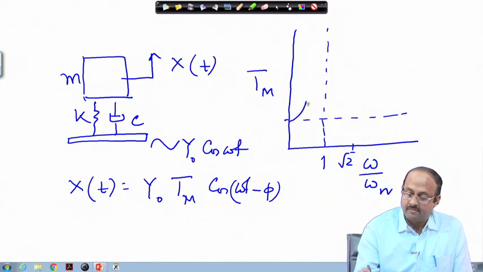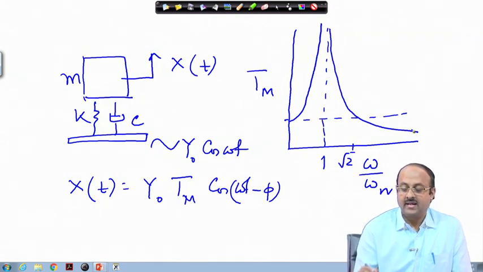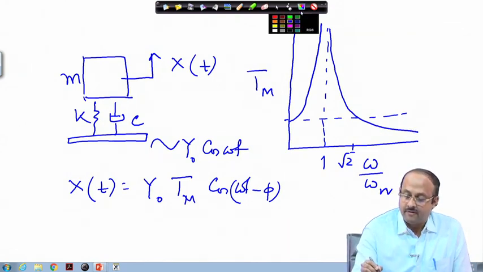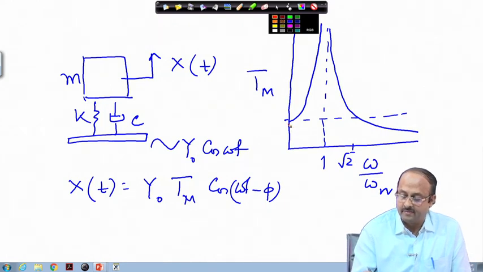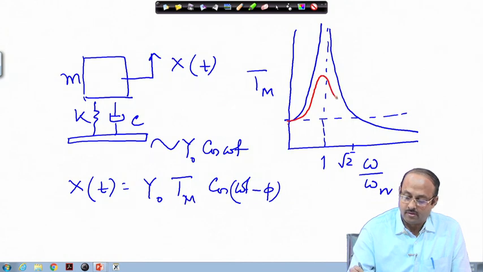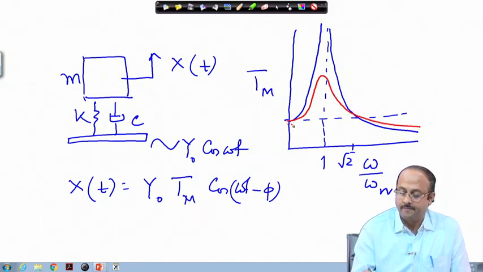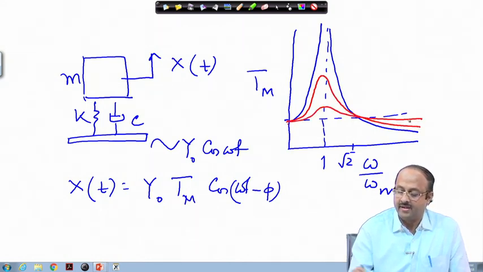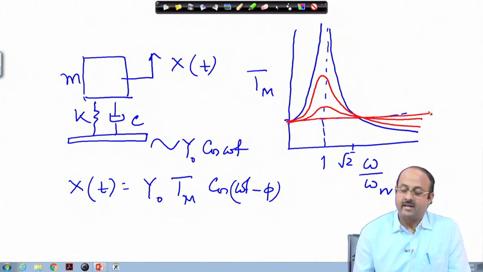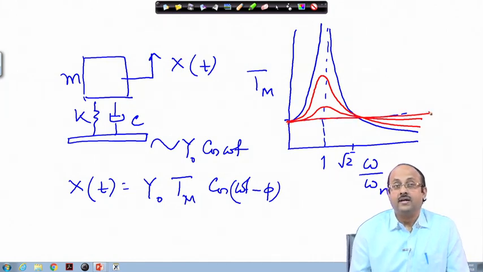For an undamped system like this, going like that, and if we have some damping, this way, increase the damping this, and with a very high amount of damping, this is how it goes.